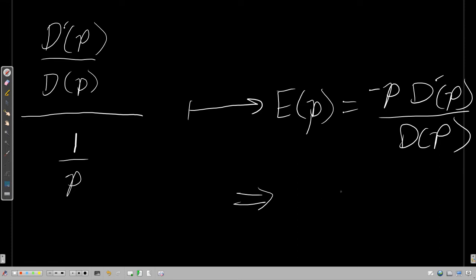In fact, it's positive, strictly positive. And you have that cutoff point where if E of P was 1, then that's where revenue gets maximized.